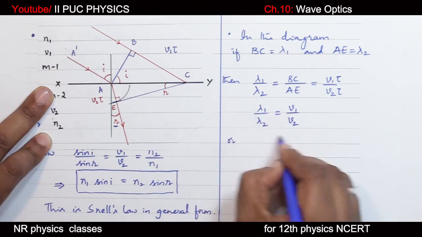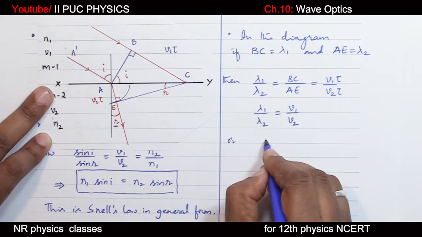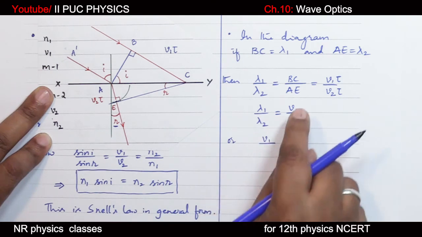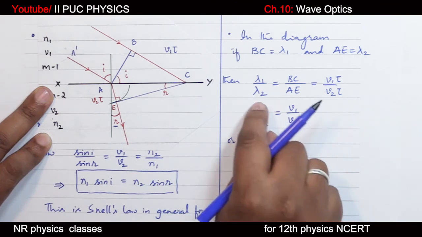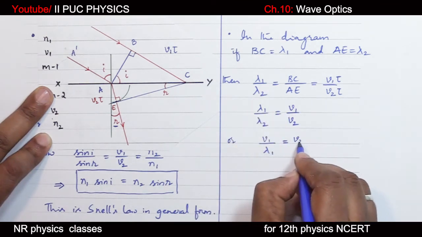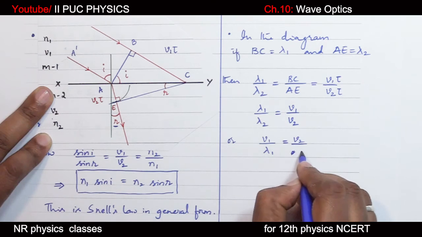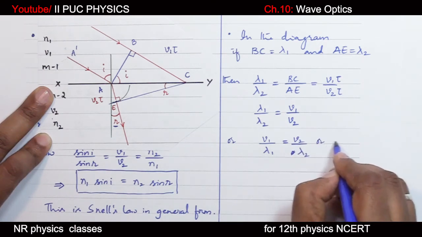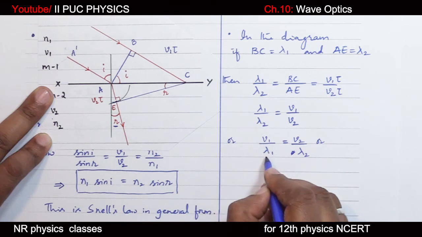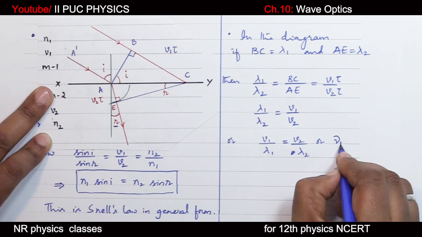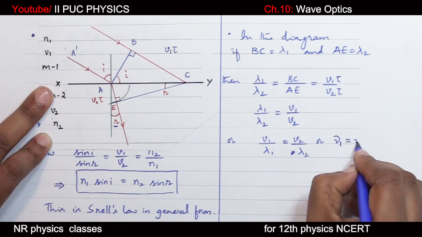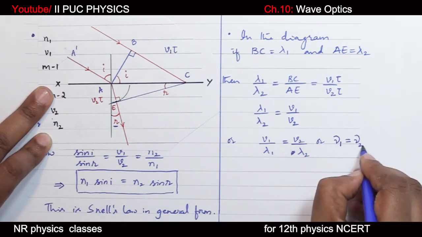Or let me rearrange. V1 by lambda 1 equals, let me take V2 to the other side, V2 by lambda 2. Speed by wavelength is frequency. Frequency of waves in the first medium equals frequency of waves in the second medium.